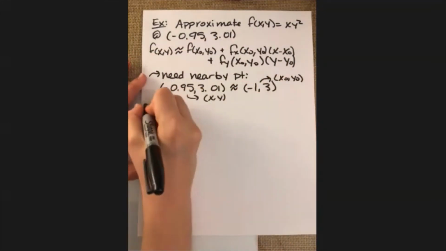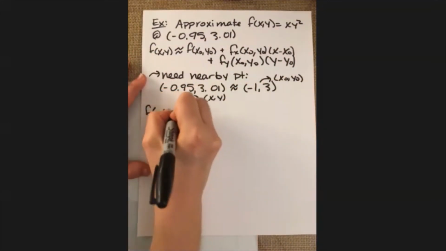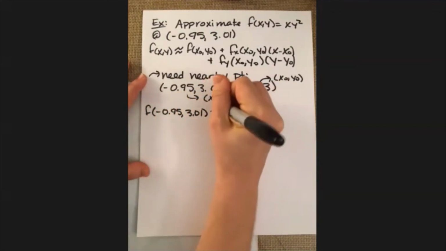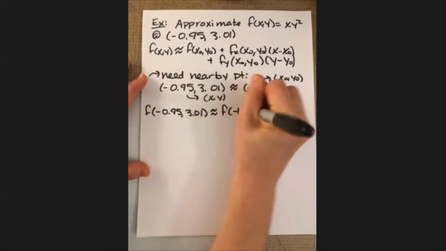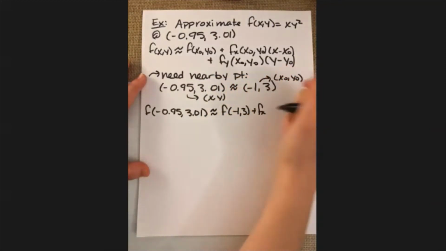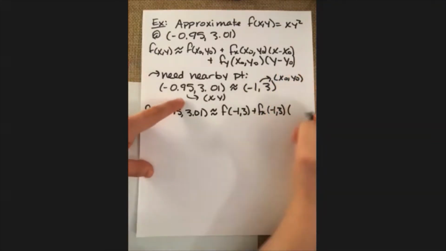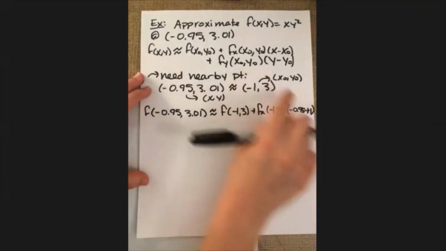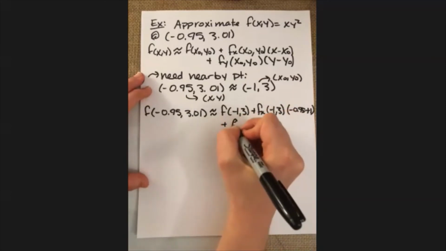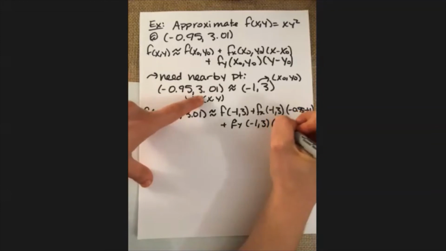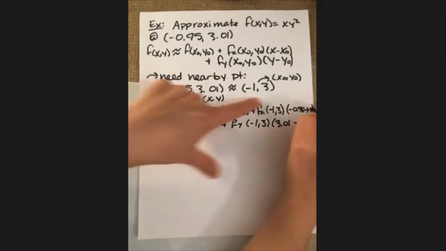So f at negative 0.95, 3.01 is approximately equal to f at negative 1, 3 plus the partial derivative with respect to x at negative 1, 3 times x, negative 0.95, and then that's going to be a plus 1 from this guy right here because we'll have two negatives, and then plus f sub y at negative 1, 3 times our y, which is 3.01, minus y naught, which is 3.